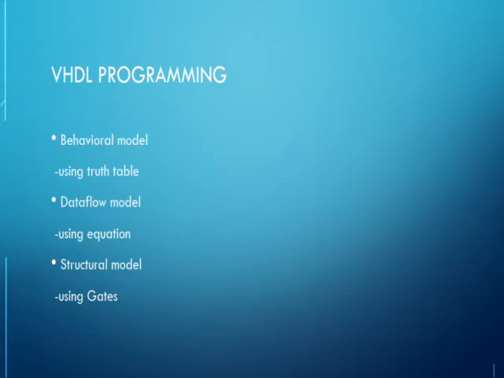Behavioral model is nothing but building a program by using a truth table. If we use equations like A and B, A or B, that is the data flow model. Coming to the structural model, it is by using gates.